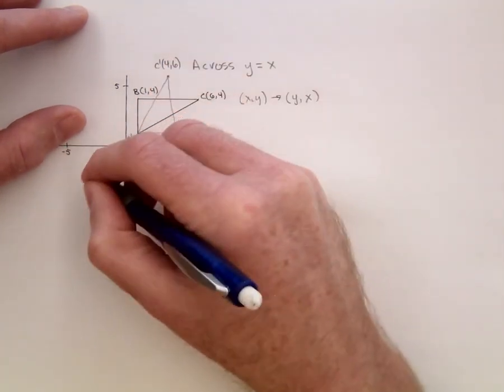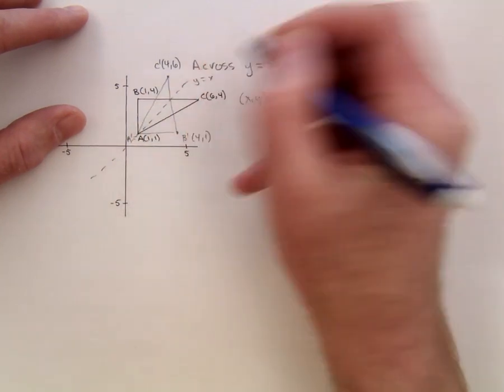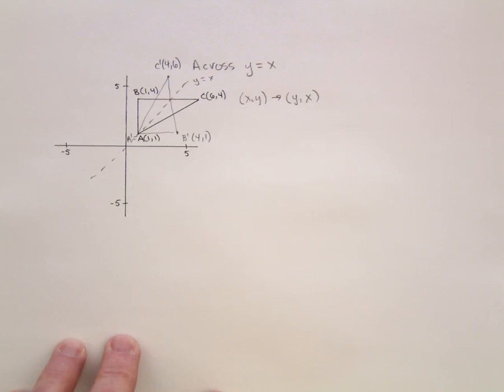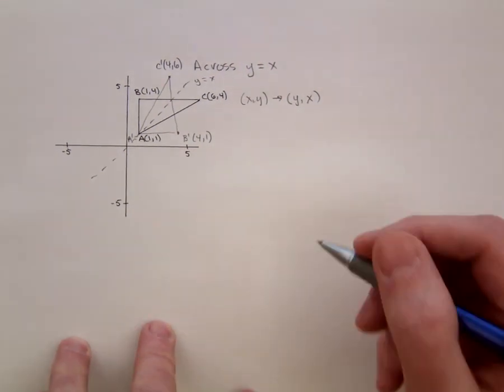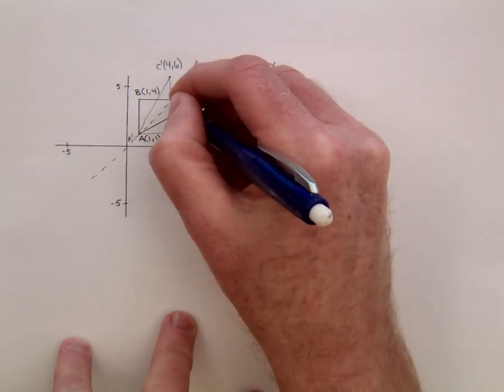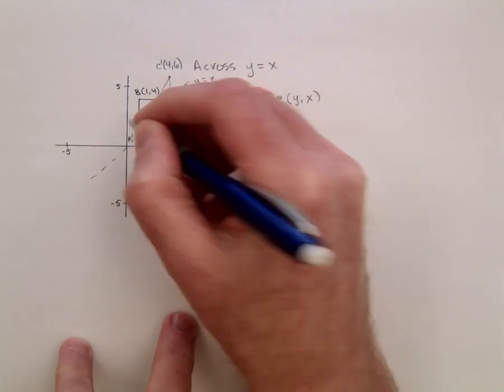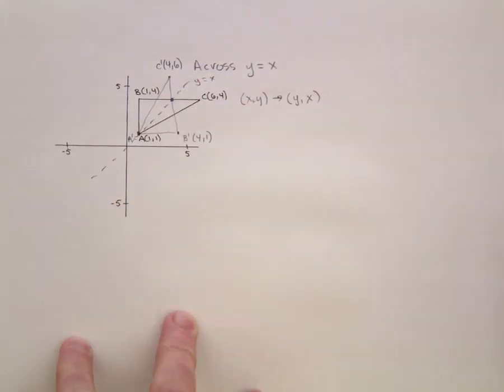And actually, what I probably should have done first thing is sketch in y equals x, but y equals x looks like so. And you can see the idea that this reflection image looks as though it's sort of the way it ought to look. Notice also that any point on the triangle that is on the line of reflection, this vertex and this sort of point midway between B and C, they don't go anywhere.